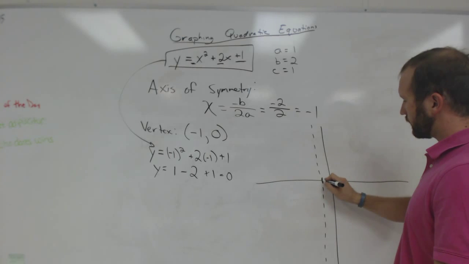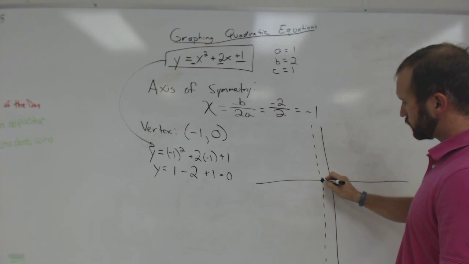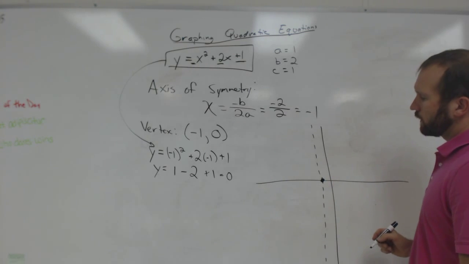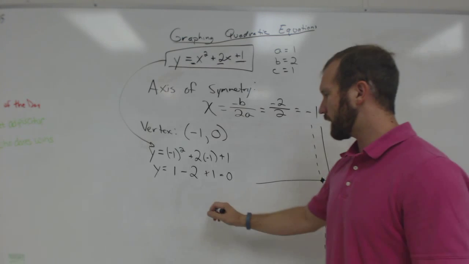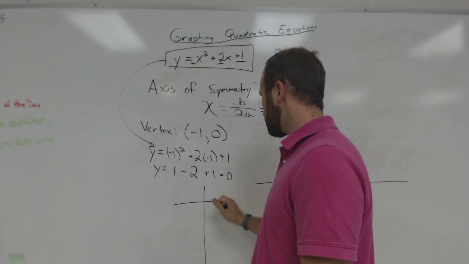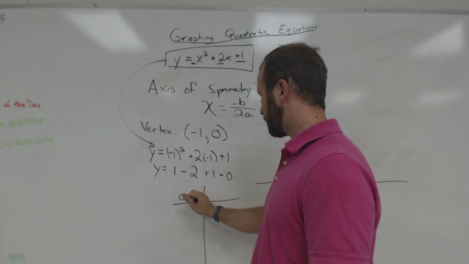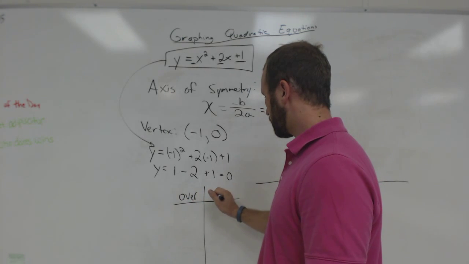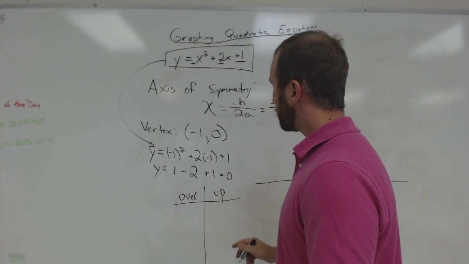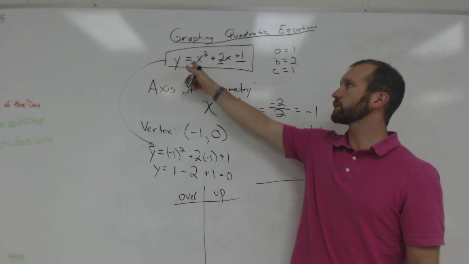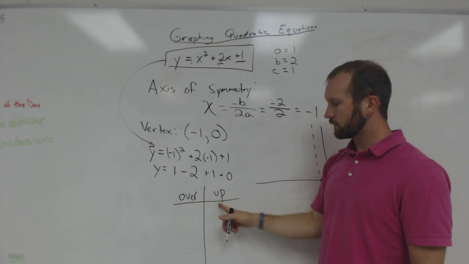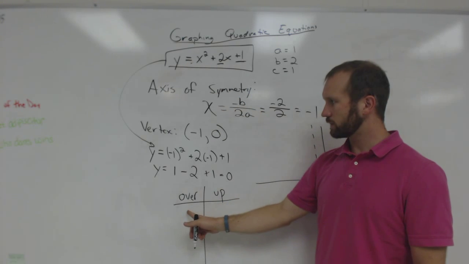I can put a point there. Next, you can make a table of this, or you can just kind of say it to yourself. Over and up. In this case, there's a 1 in front of our x squared, so these are just going to be perfect squares of these.